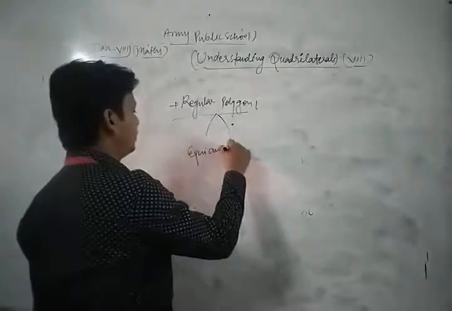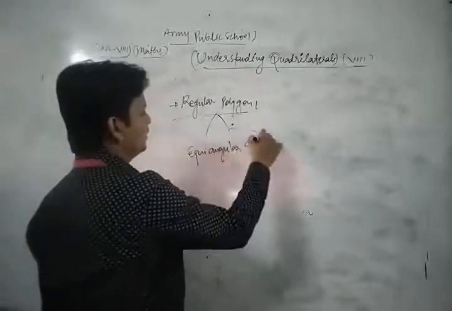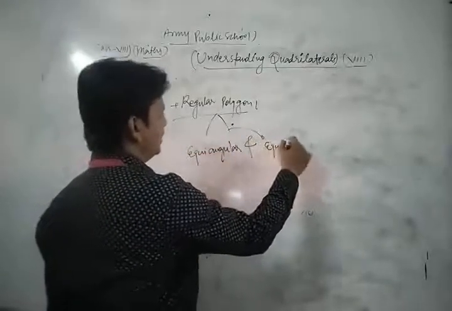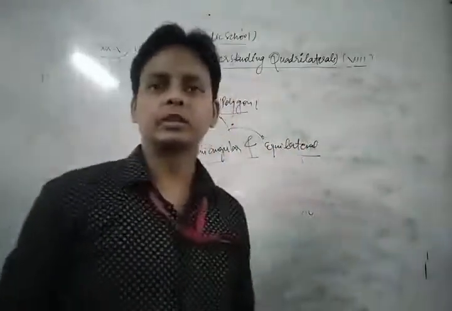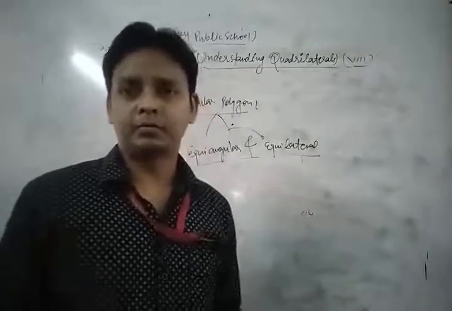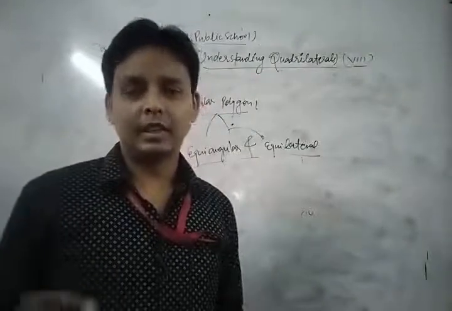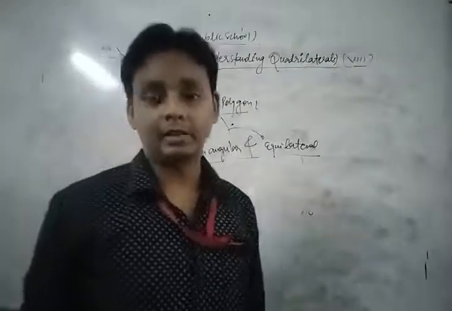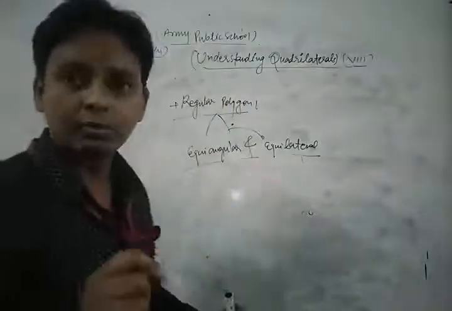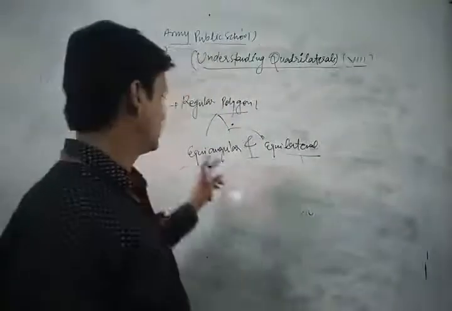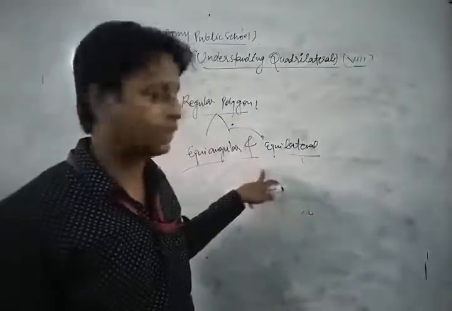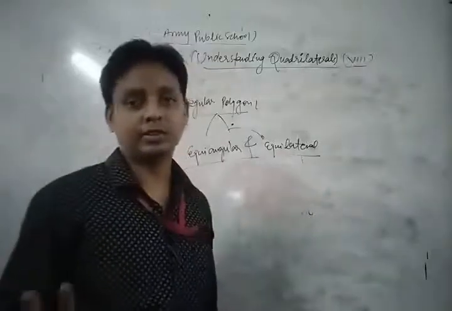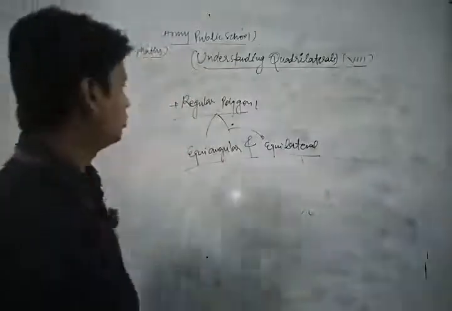Equiangular and equilateral. This is the concept of a regular polygon. It means a polygon in which all angles have the same measure and all sides are equal. Then it is said to be a regular polygon. Equilateral means all sides are equal. Equiangular means each angle is equal. So this is the concept of a regular polygon.